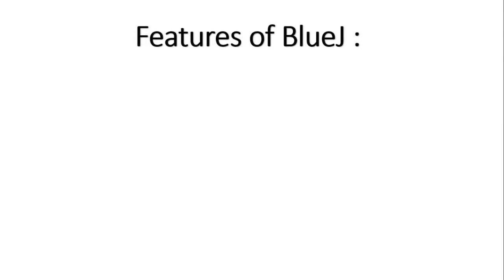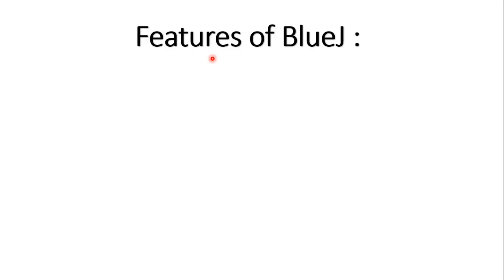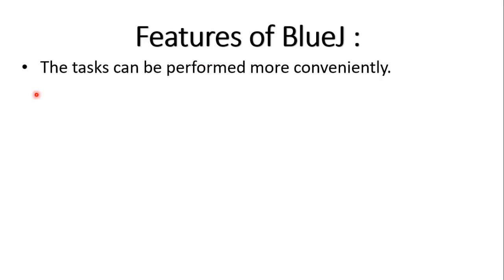Let's see the features of BlueJ. What are some of the features of BlueJ? Okay, the first feature is that the tasks can be performed more conveniently, more easily. The tasks in BlueJ can be performed more easily or more conveniently.